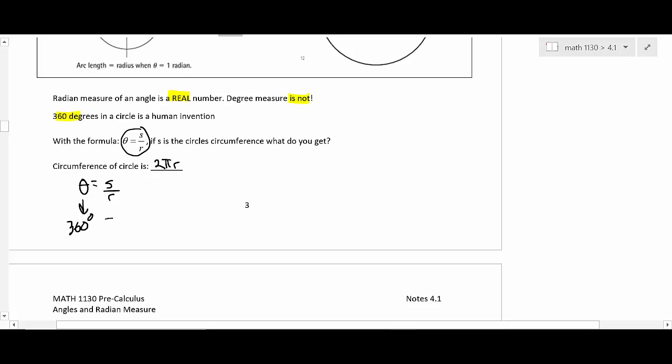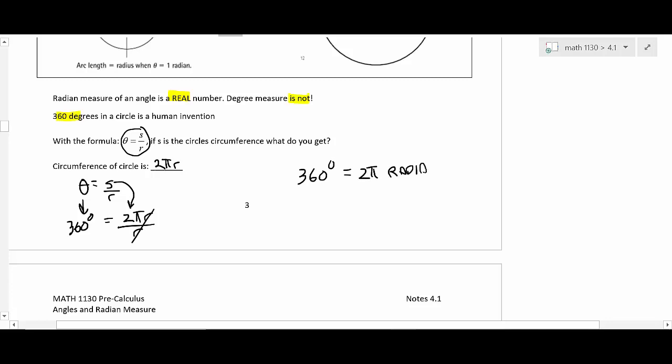But if you're going all the way around the circle, s is the circumference, so that is 2 pi r. So I'm just going to have you put 2 pi r there and then bring down that r like this. And what happens is you get 360 degrees is the same thing as 2 pi radians.